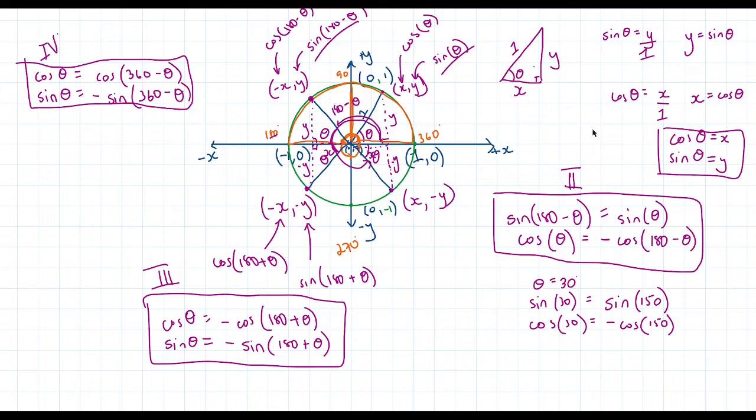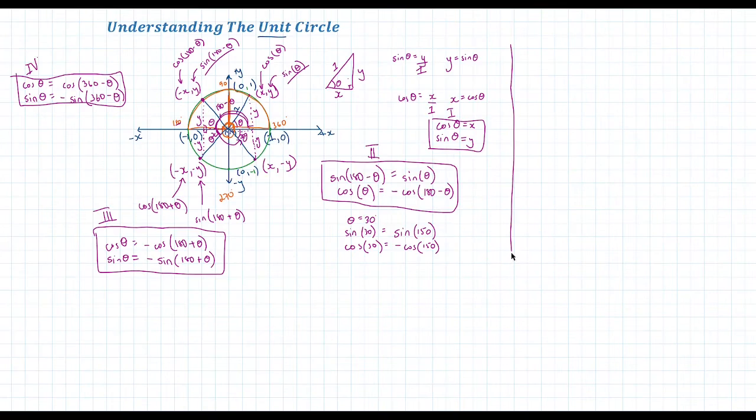Now you may be thinking, why are we doing this connection of the second, third, and fourth quadrant to the first quadrant? Well, it's because we memorize a lot of the exact values for different thetas in the first quadrant. So, for example, we have this table. We go across 0, 30, 45, 60, and 90, and we write sine, cos, and tan.